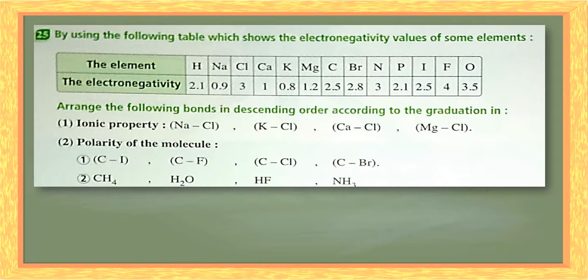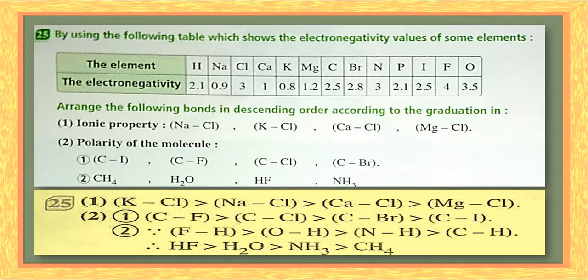We want to arrange the bonds in descending order. We will start with Na, it is the highest one, followed by, no, we have KCl, it is greater in atomic mass than Na, so we will start with the highest one.